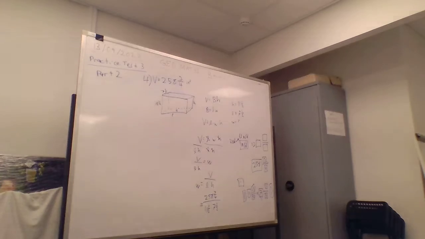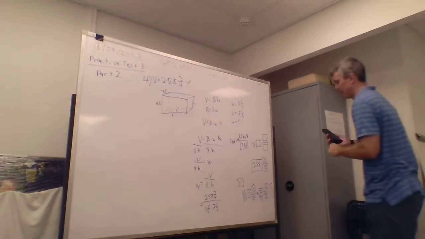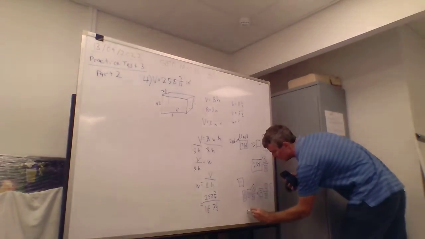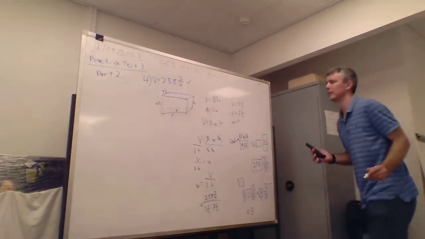Let's do another one. 7, 1, is it also over 2? Yeah, 1 over 2. Alright, there you go. 3. Is that an option on there? Okay. This equals 3.